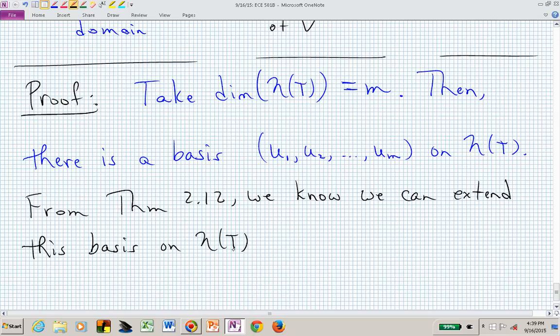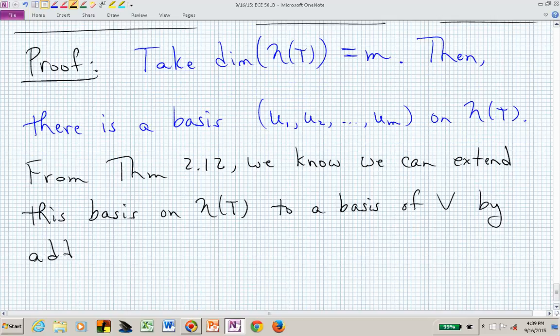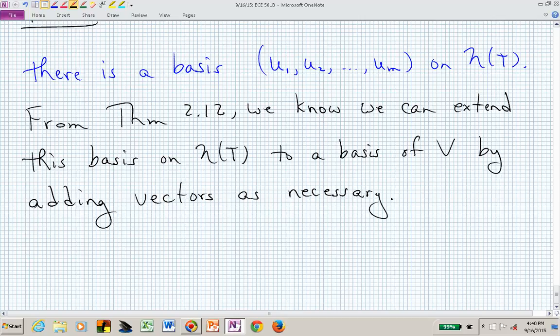That's just a basis on a subspace, so it's not all of the domain. So from Theorem 2.12, we can extend this basis on the null space of T to a basis of our domain V by adding vectors as necessary.